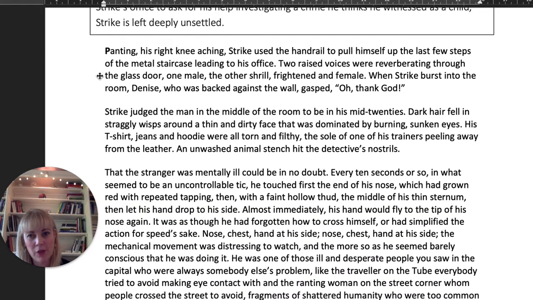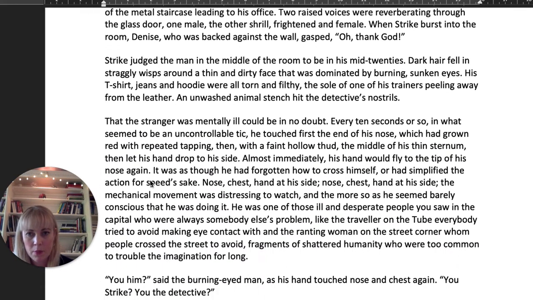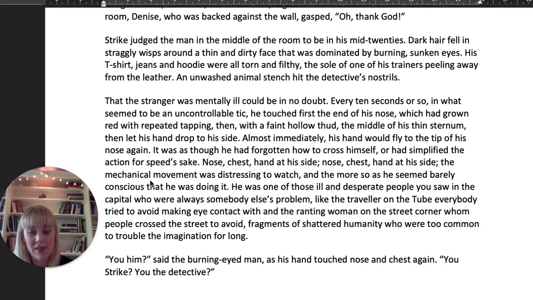Another key shift that you can then see has happened is that we have moved from outside to inside. So we've got the outer picture of Strike arriving at the office versus paragraph 2, a shift to inside the office and the man who is within. Paragraph 3 focuses in even more.